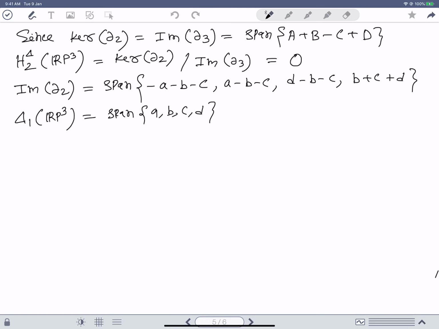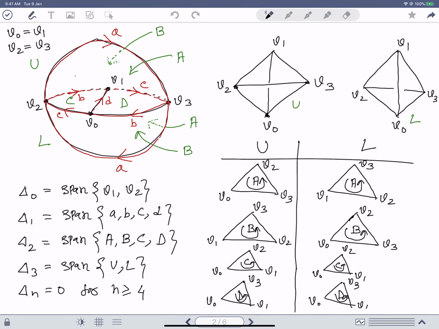First of all, the image of delta 1 on RP3 is the span of the edges A, B, C, D. Now what is the boundary of A? So del 1 of A. Look at the picture again. This is A, right?